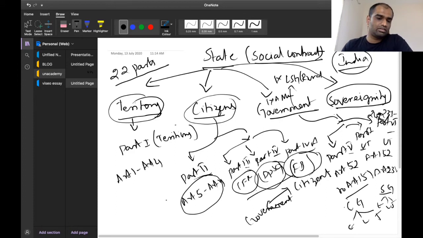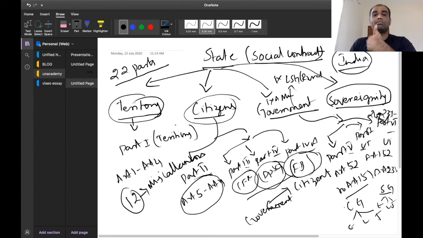There are other parts, around 12 parts, which can be called miscellaneous parts. These include provisions for emergency, center-state relations, distribution of financial relations between center as well as state. So these 12 other parts, miscellaneous parts, deal with all the other matters.